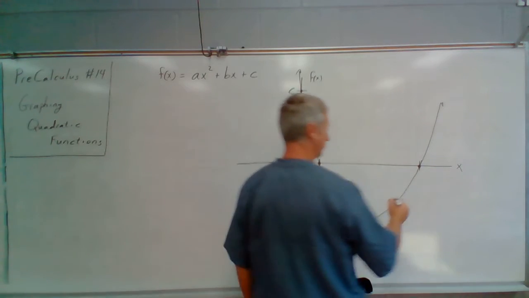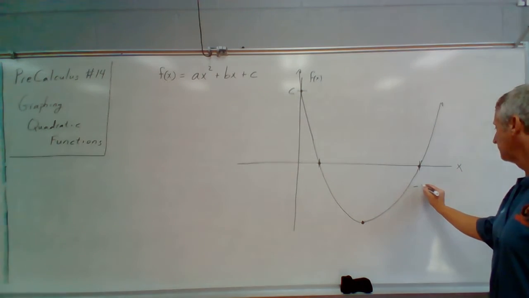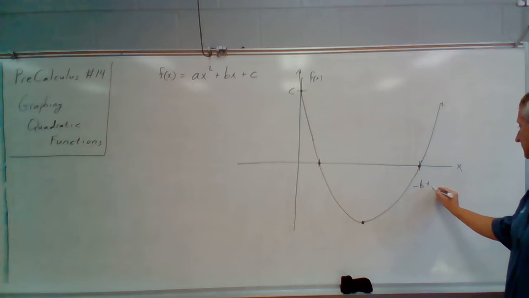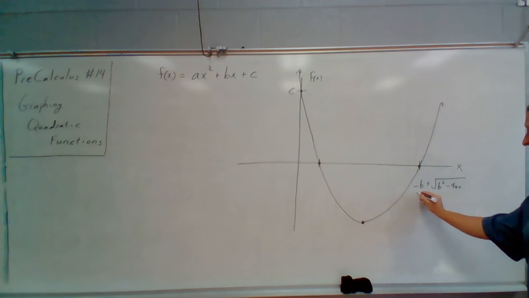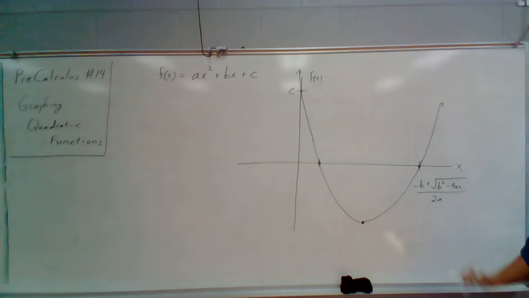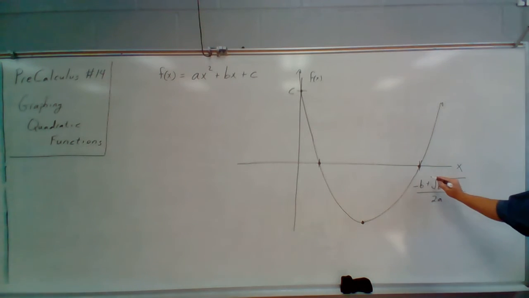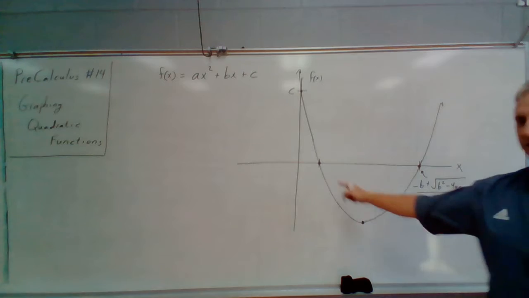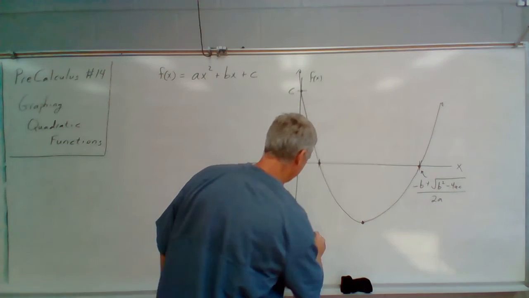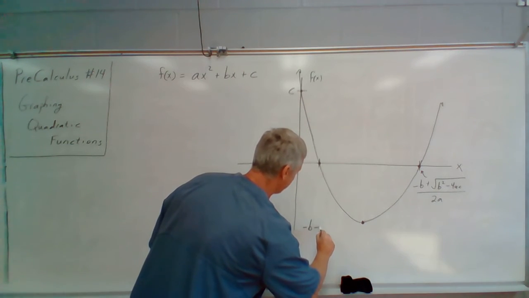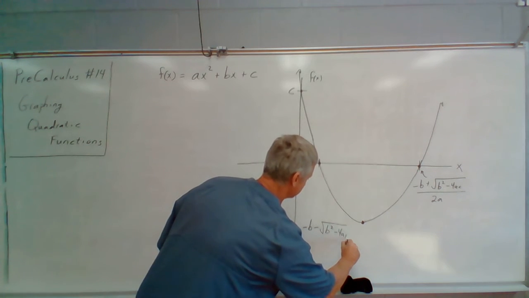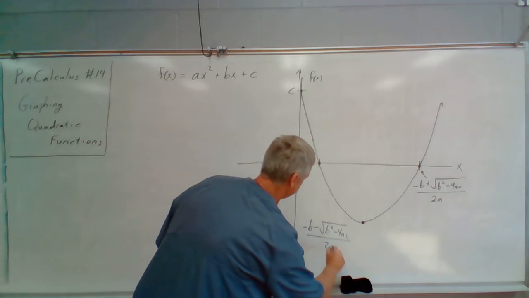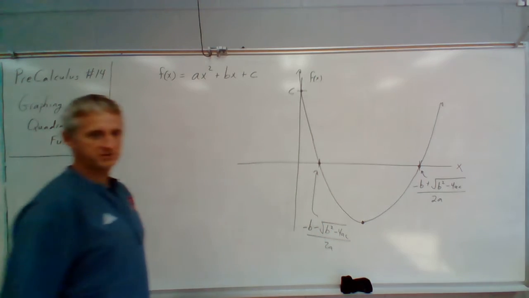This root would be negative b plus the square root of b squared minus 4ac, all over 2a. Here, this root would be negative b minus the square root of b squared minus 4ac, all over 2a.